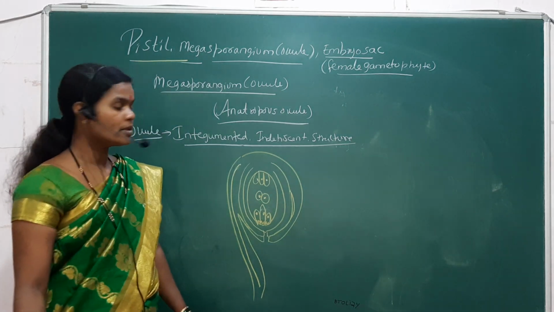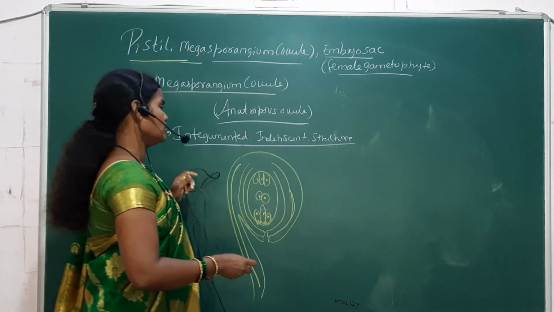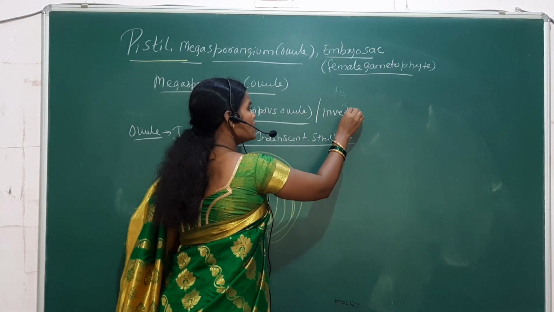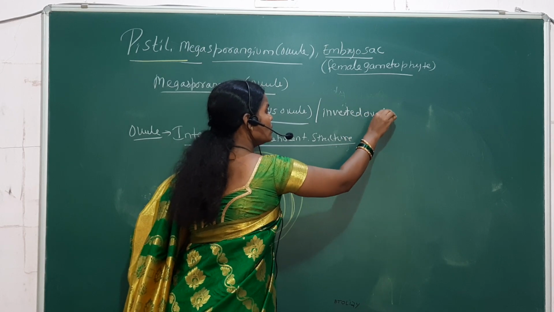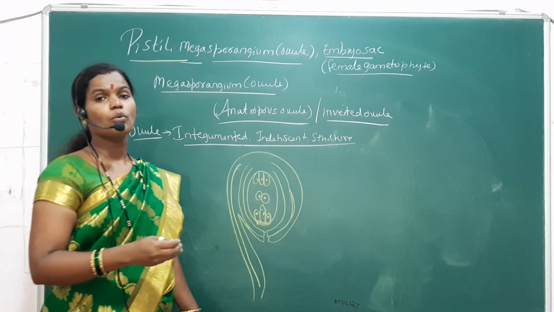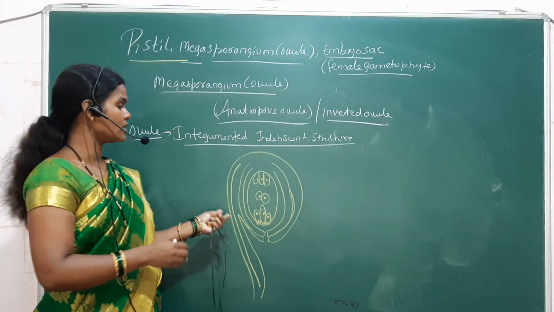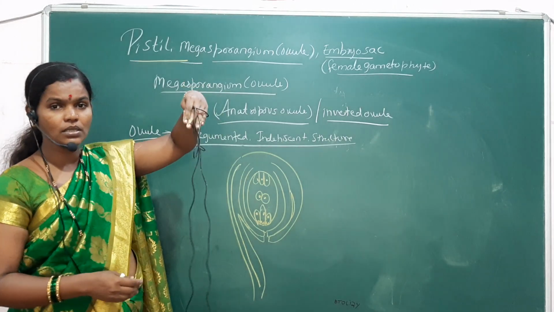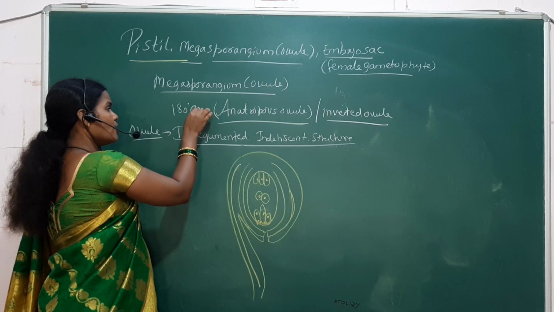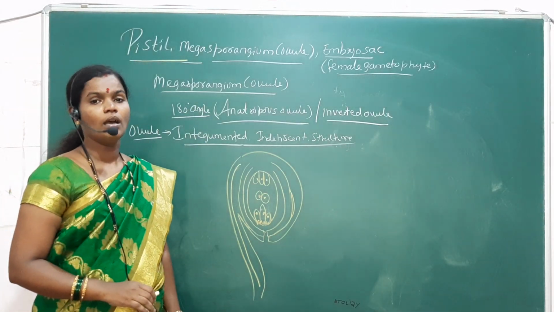So anatropous ovule is also called as inverted ovule. What is the anatropous ovule also called? It is also called as inverted ovule, and it is rotated at a 180-degree angle.